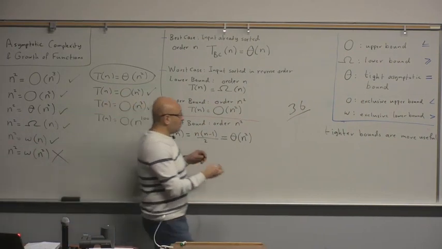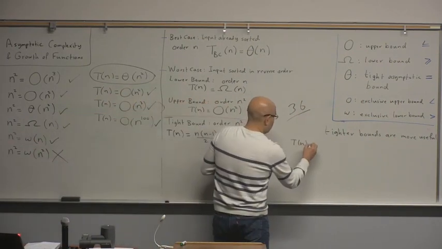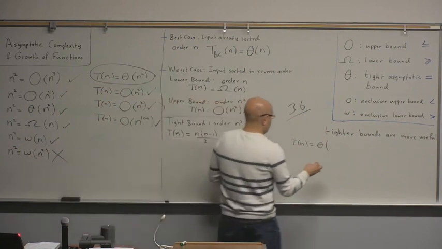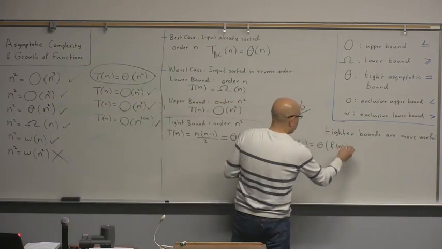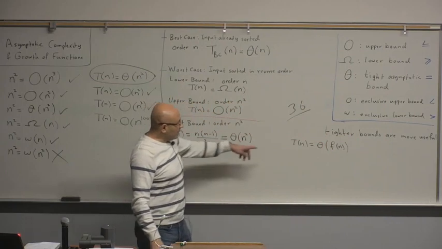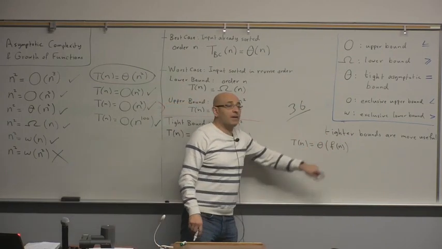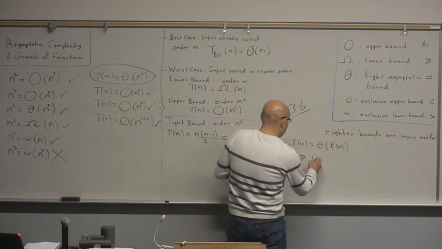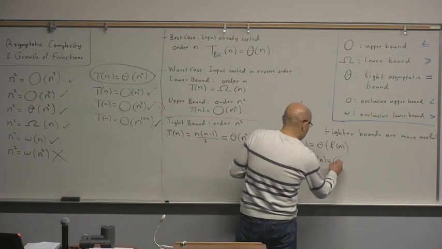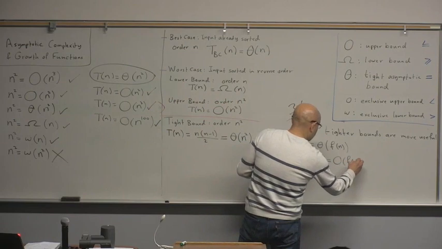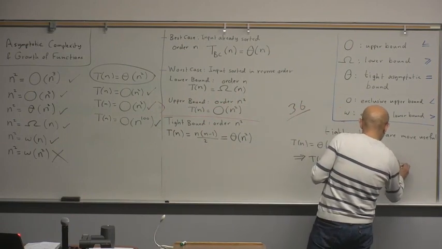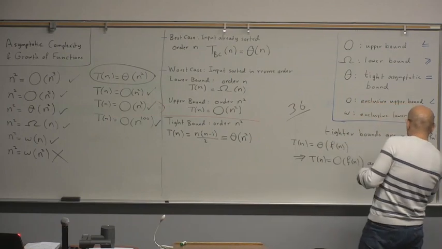Whenever T(n) = theta of f(n) in general, if the running time of an algorithm is known to be theta of f(n), then this implies that T(n) = big O of f(n) and T(n) = big omega of f(n).